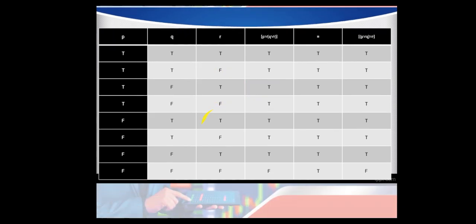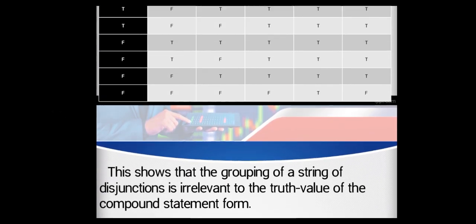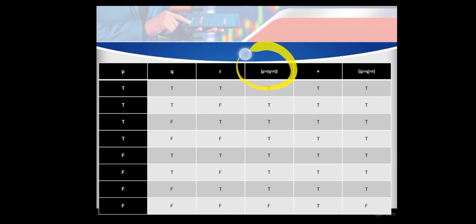T. So if we will find the value of P or the quantity of Q or R, so when we say or, it's the maximum value.